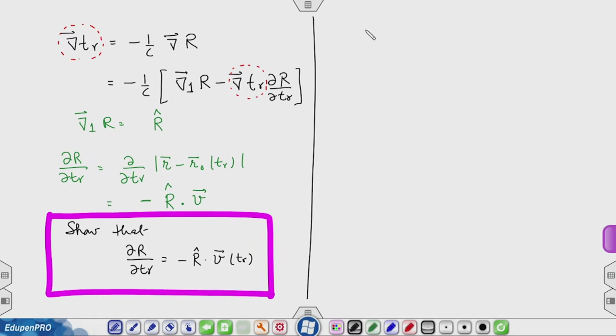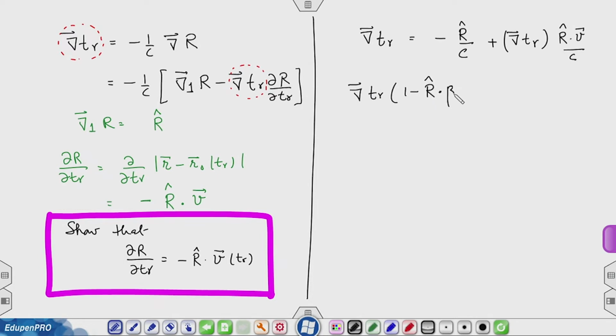Putting all this in, we get grad of TR is equal to minus R unit vector over C, then I get minus minus plus grad of TR times R unit vector dot V over C, which gives me grad of TR times 1 minus R unit vector dot beta is equal to minus R unit vector over C, and that leads to the expression for grad of TR, which is equal to minus R unit vector over C times 1 minus R unit vector dot beta.